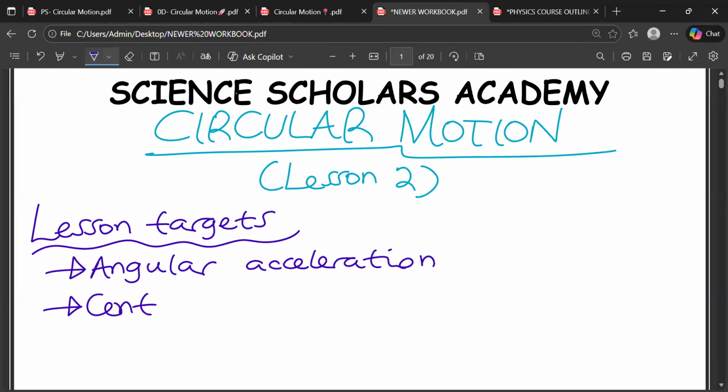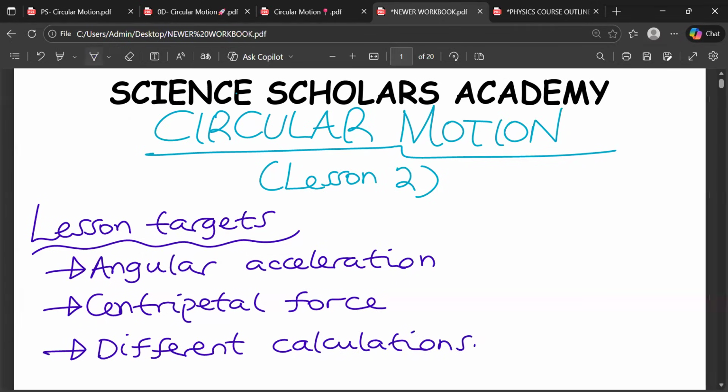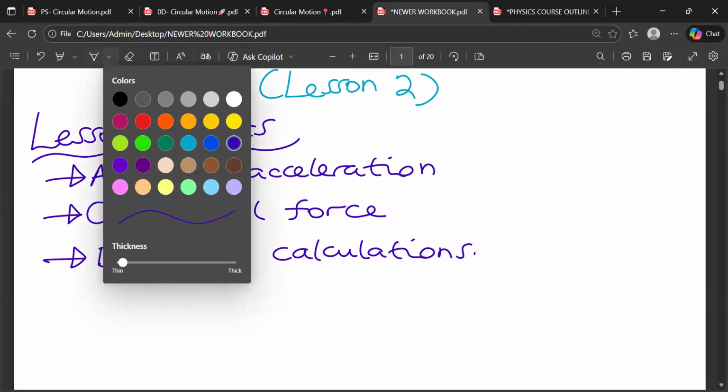We'll talk about the centripetal force, of course, under central forces. Then we shall see different calculations and so on.